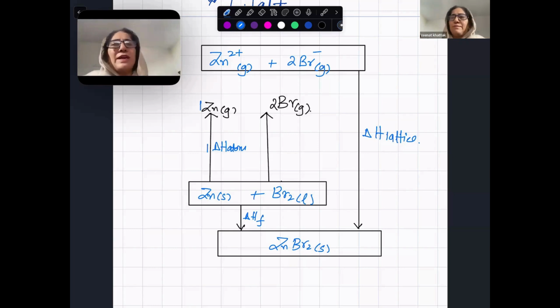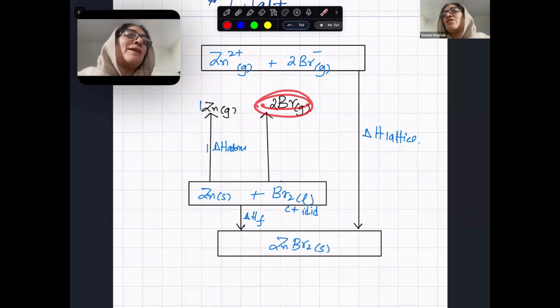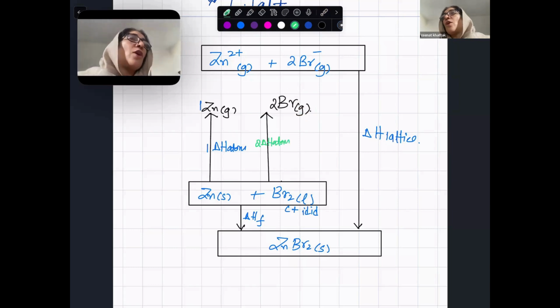Now, when you come to liquid bromine, it has a covalent bond, because these are the same atoms, so no electronegativity difference. Now, if I go for the direct conversion to 2 moles of bromine atoms from its element, it's 2 atomization.